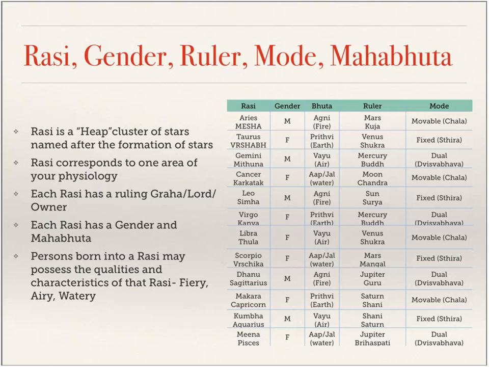When a person is born into a Rashi, meaning this is their first house or their Lagna sign, know that that person is going to possess the qualities of that Rashi. Understand: is this person ruled by fire? Is this person ruled by earth? Is this person ruled by air? Or are they born into a watery sign? You can start to associate that by observing the person's physical characteristics.